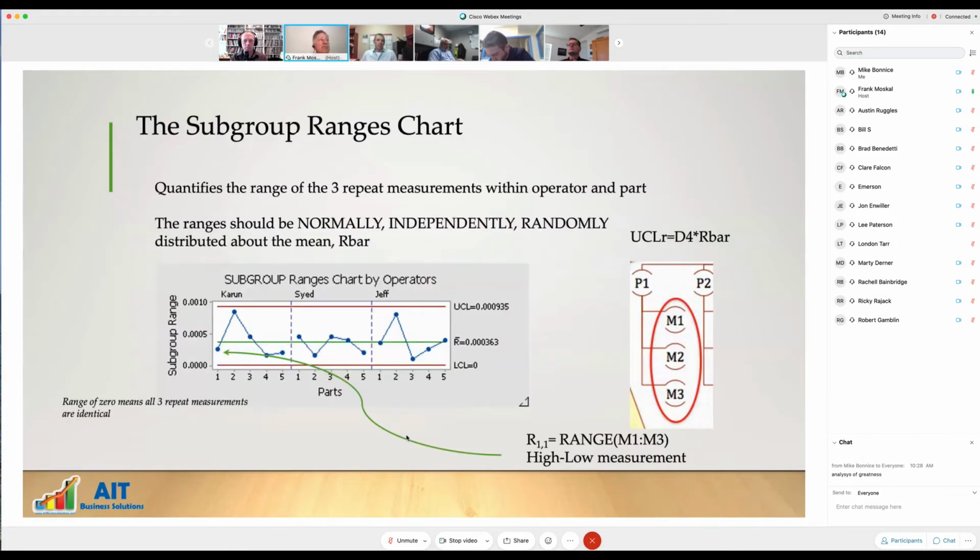Quick review here. The subgroup ranges chart is looking at the variation, the range in those 3 measurements. And again, I circle that subgroup because that's the same operator looking at the same part, in this case 3 times. And so that dot represents the range, right?